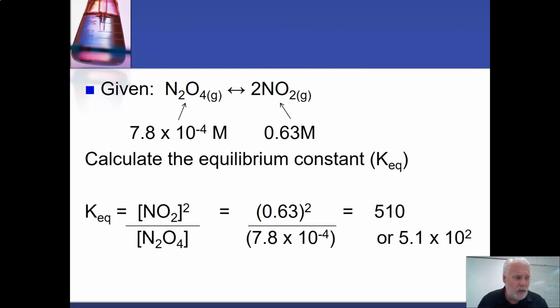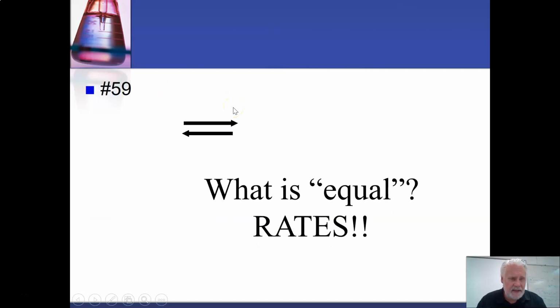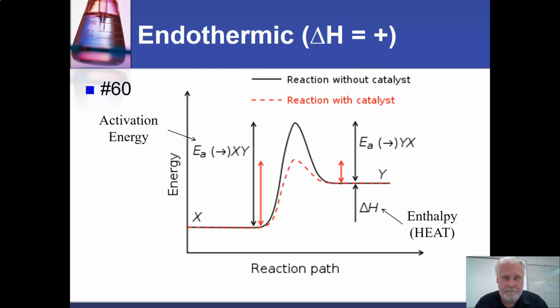What is equal in a system like this is what you guys already have written in there. There's your equilibrium reaction. What is really equal is the forward rate and the reverse rate of the reaction. The pucks going this way, the pucks going that way are at the same rate. And that's when you achieve equilibrium.